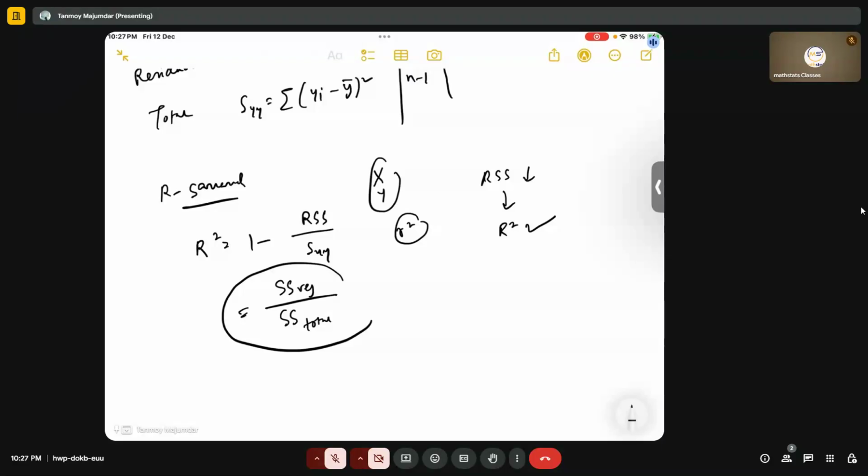Otherwise, if it is multiple linear regression, in that case we have the ANOVA table, and using the ANOVA table we can find the R square. So R square is like that.